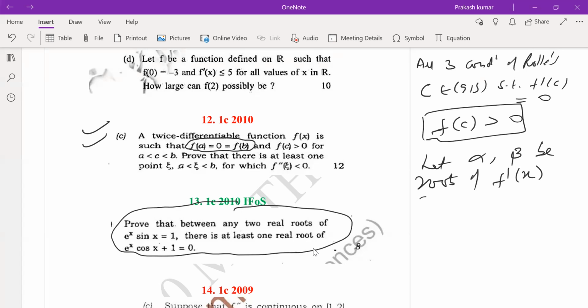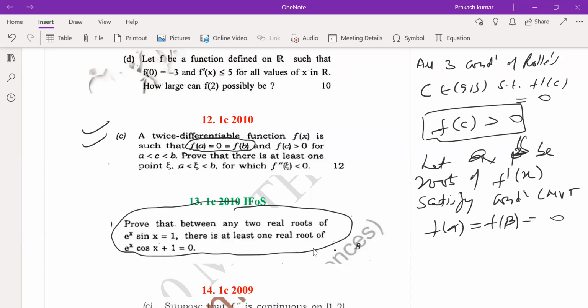So it also satisfies the conditions of LMVT, because f(alpha) equals f(beta) equals 0. Why am I taking this? Just take a and b and we can try that.